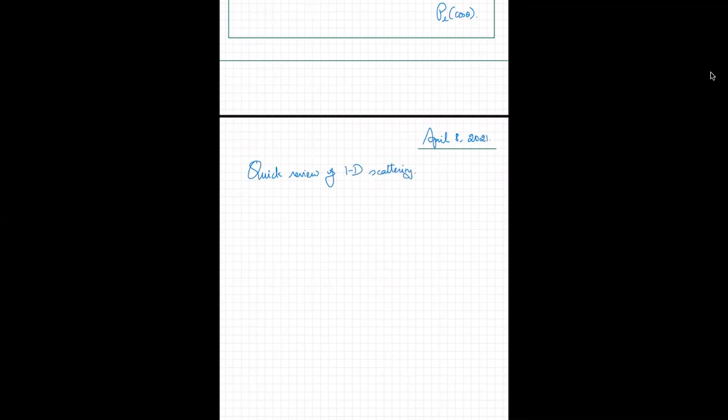Now to set the stage, I'm going to establish some notation. I'm going to call any wave of the form e to the ikz, or e to the ikx if I work in x dimension, a right moving wave. And e to the minus ikx is a left moving wave.